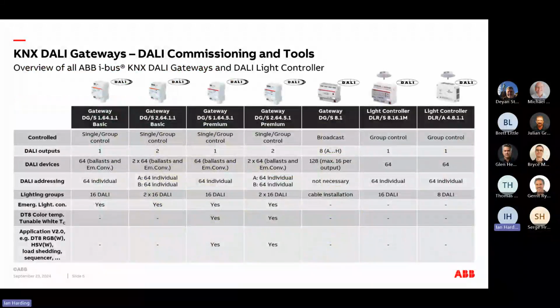Here's a quick recap of all our DALI gateways that are available, starting with the DGS 16411. It's a single line DALI gateway with 64 devices and 64 individual addresses with 16 groups, and we can also control DALI emergency lighting.